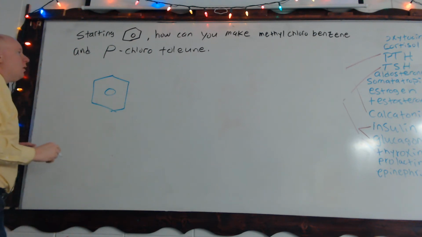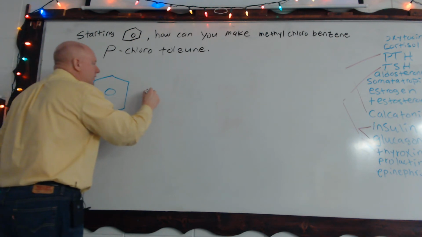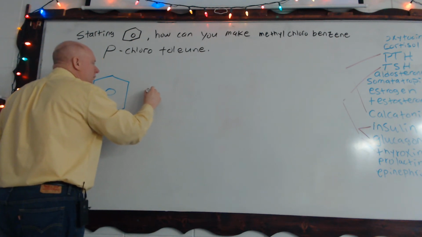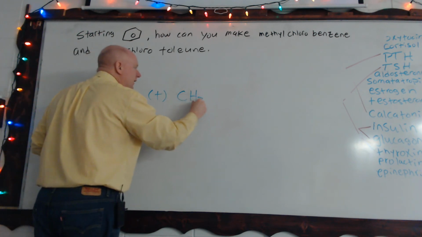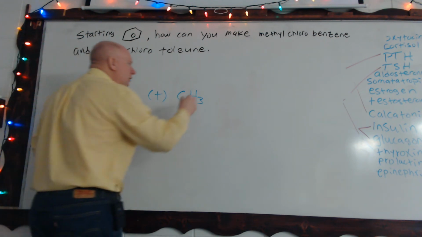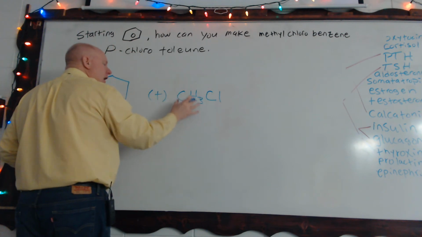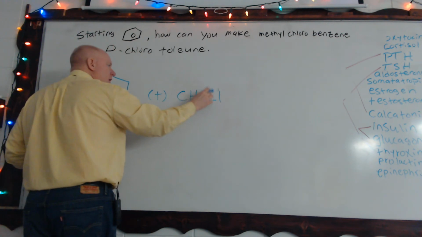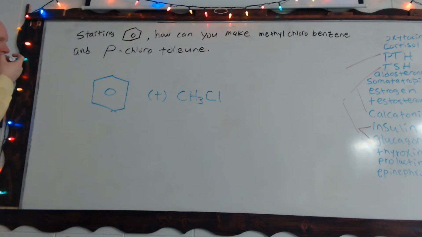So what we're going to see happening is we've got to get a methyl group on there first. And with that, we can't just write it like that and say, oh, that's going to attach on there. We can't use methane. So we have to use RX, an alkyl group, and the halogen we want to get placed onto there.